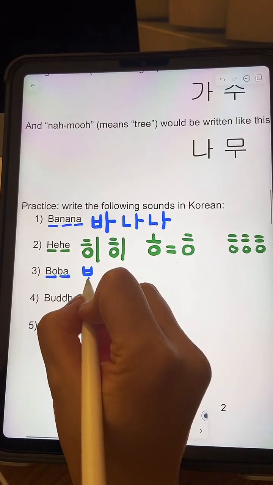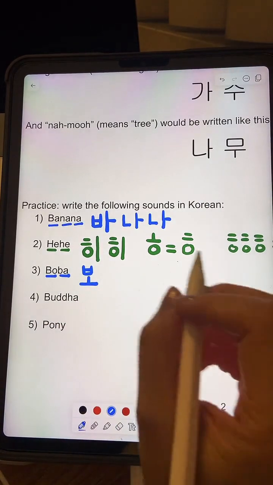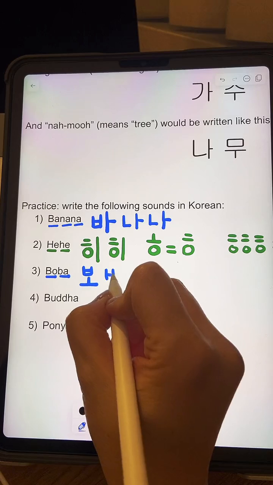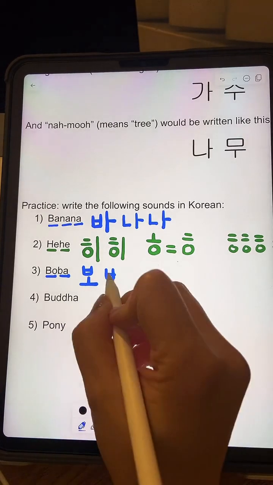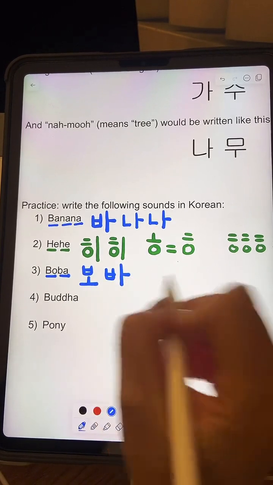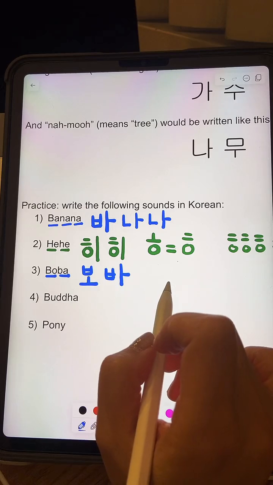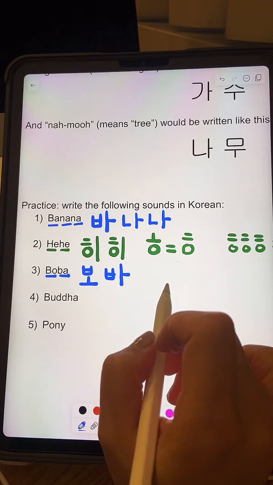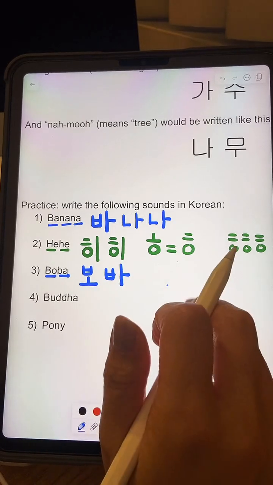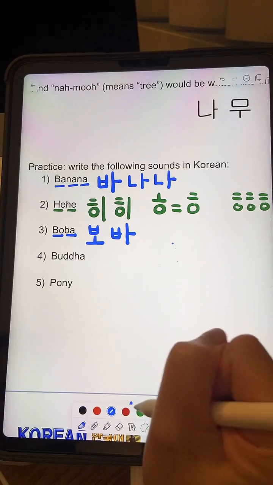Po. And then same, but we need the B again, and then we need this time A. The first vowel, 보바. So very close. 네, Temi, the second one, right? 보바. Anyone like 보바? 보바 좋아해요?